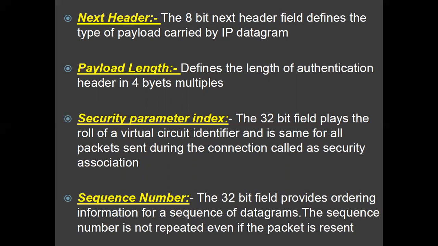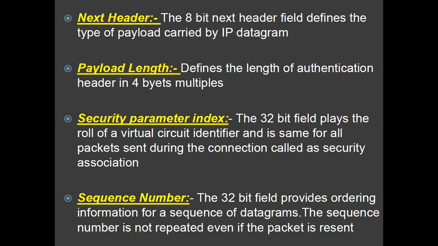We are going to study the concept of security parameter index and security association in the further slides in the same unit. So here you just have to remember that the SPI is a 32-bit virtual circuit identifier, and it is the same for all the packets exchanged during this security association.